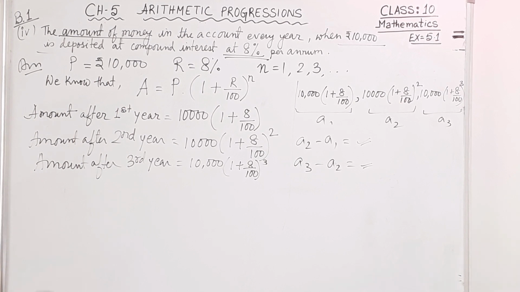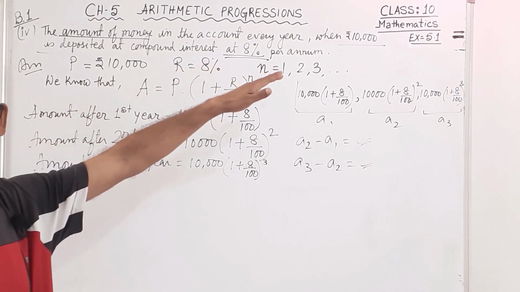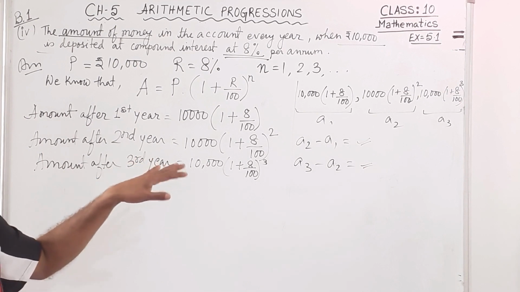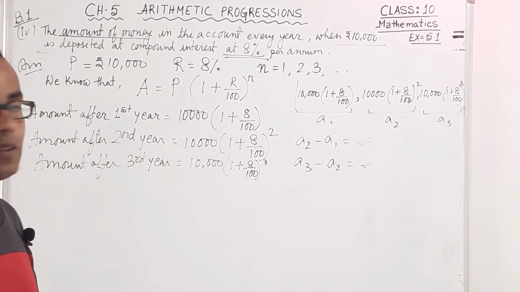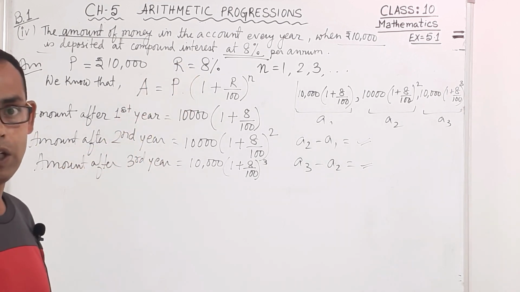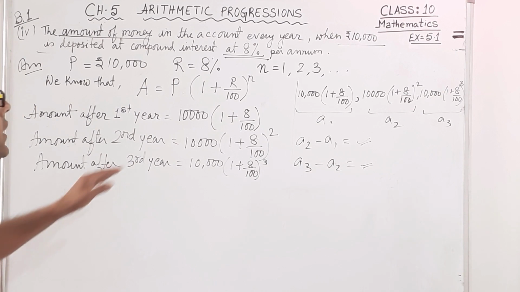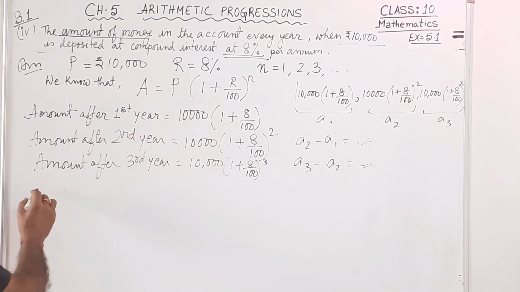When you are finding out compound interest, after 1 year the amount changes. On that changed amount, again the 8% will be charged, on that revised amount. So that's why the differences will not be same. Clear?